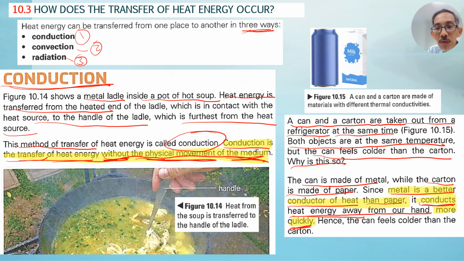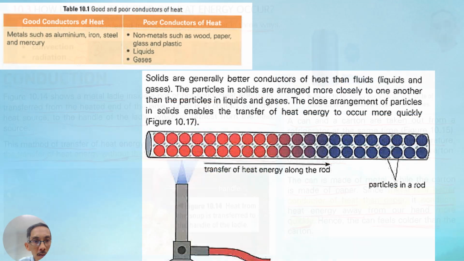Because you lose more heat from your hand to the metal can, you will feel colder. Not so much when you hold the milk carton. So a better conductor transfers heat away from your hand quickly, and therefore you feel cold. We will explain further in the next slide.